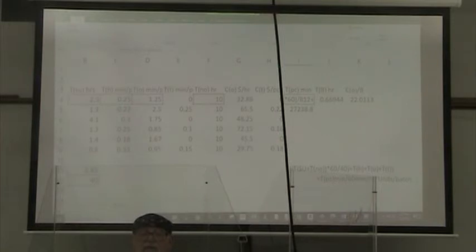Plus C4 and D4. Okay, but this can't possibly be right. Oh, that's because we need here to divide by our 40.